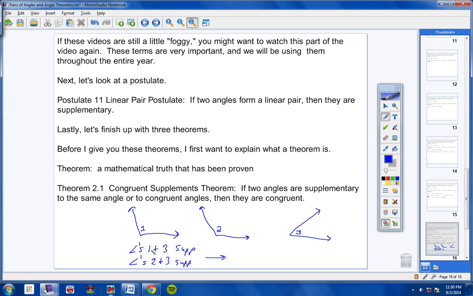So angles 1 and 2 are supplementary to the same angle. So I can state, based on theorem 2.1, that angle 1 is congruent to angle 2. Now we're actually going to prove that in a second, and I want you to take some really good notes on this, okay?